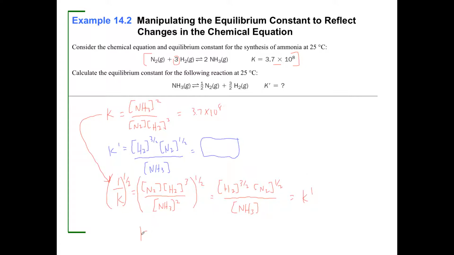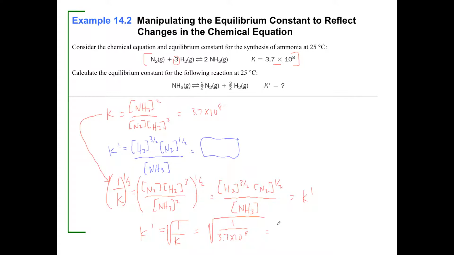So it looks like K prime is, see, these two are equal to each other now. This is equal to that, which is equal to that. It looks like it's the square root of 1 over K. So it's going to be the square root of 1 over 3.7 times 10 to the 8th.